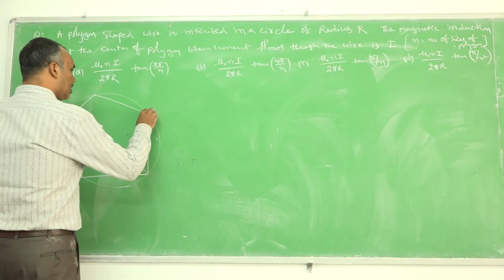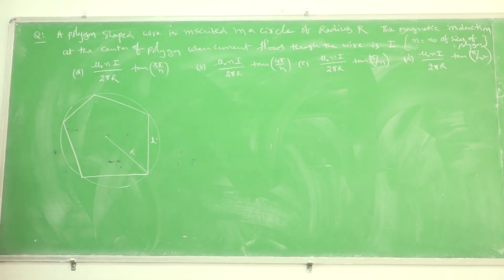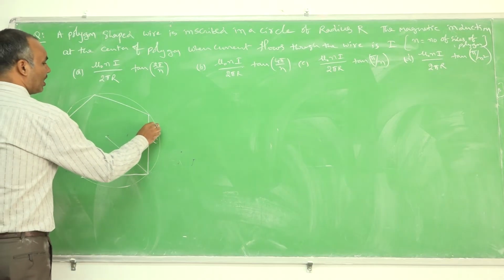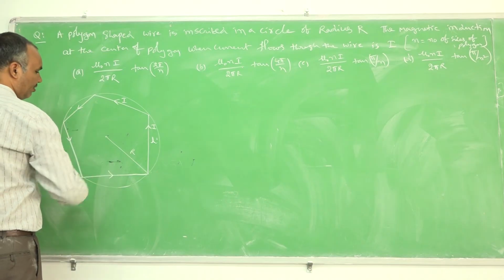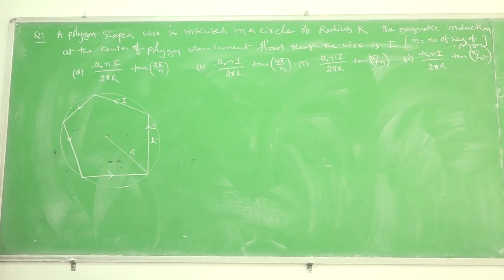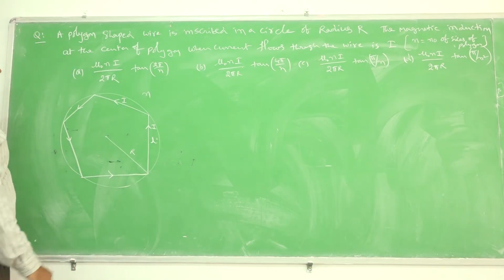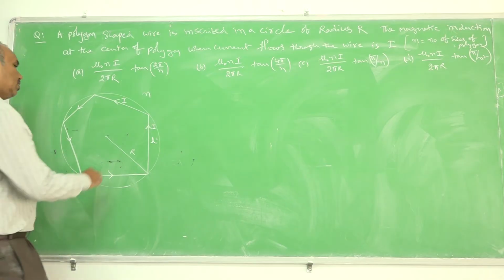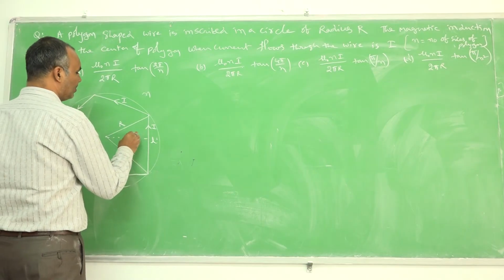Let me take the side of the polygon as L. This polygon carries a current I. The same current is passing through each side. Number of sides of the polygon is n. As this is r, this distance is also r, so I need this distance d.